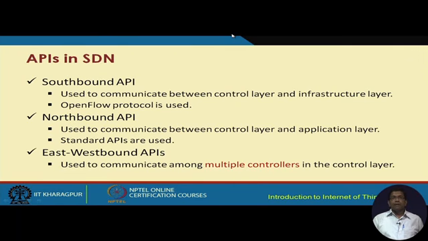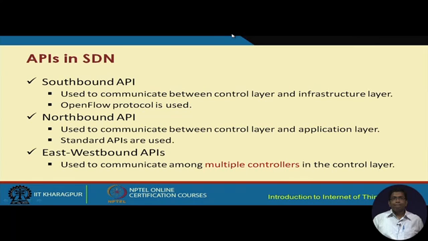So, in SDN, between the data plane and the control plane, we have an API, and another API between the control plane and the application plane.